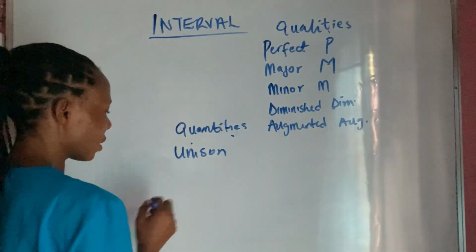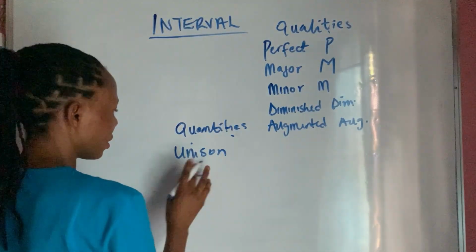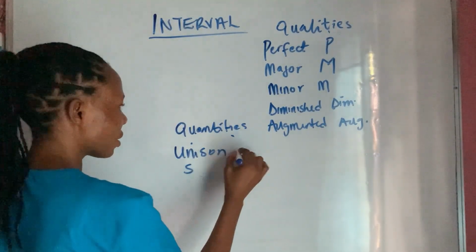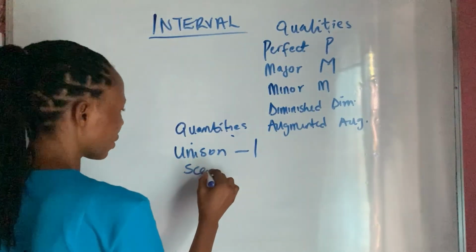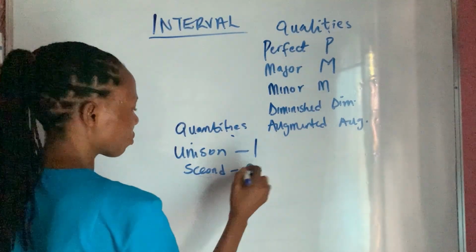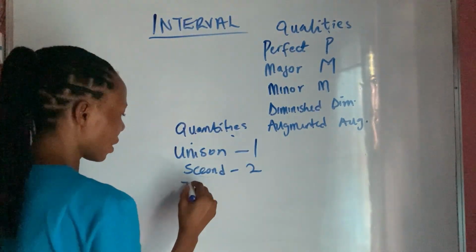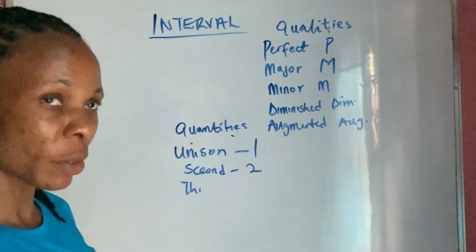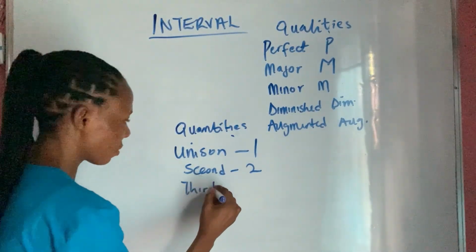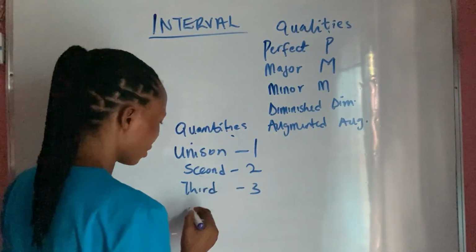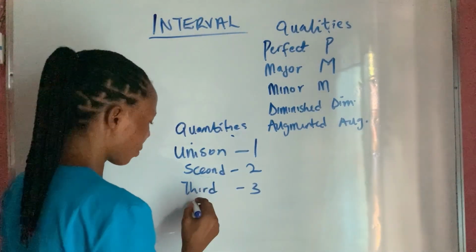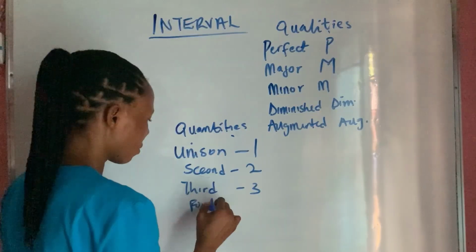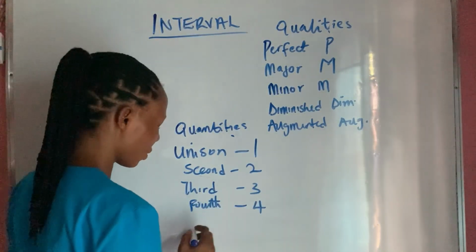we have the unison, then we have the second. The unison is 1. Then we have the second, 2. We have the third, 3, the fourth, fifth. Let me write because we are learning. The third is 3, abbreviated as 3. The fourth with an abbreviation as 4.